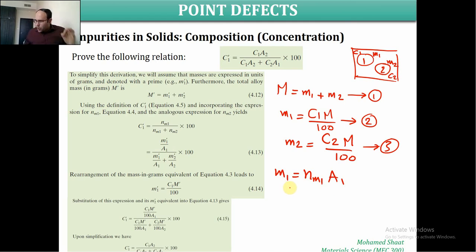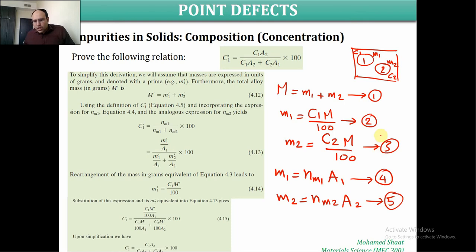So simply we can approximate the mass of one element inside the alloy as the number of moles of this element times the atomic weight, which represents the mass of 1 mole. Can we do the same for the second element? Yes, it is the number of moles of the second element times the atomic weight of the second element. This is going to give us two other relations.